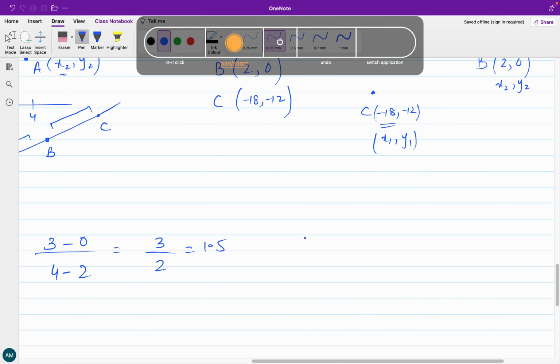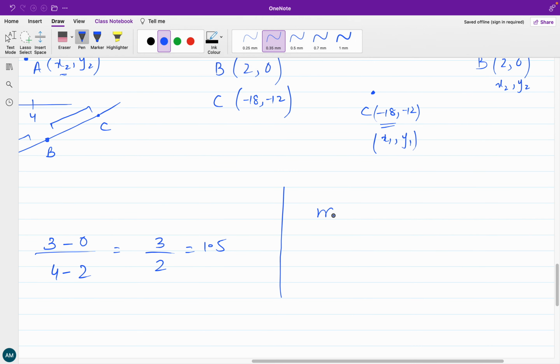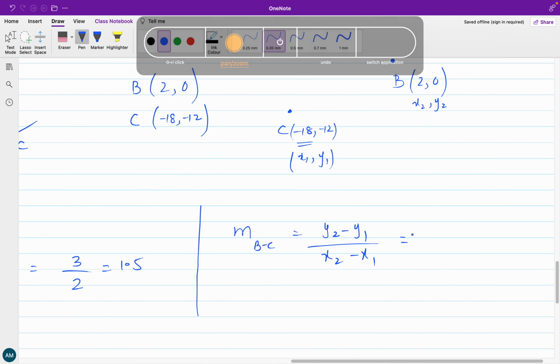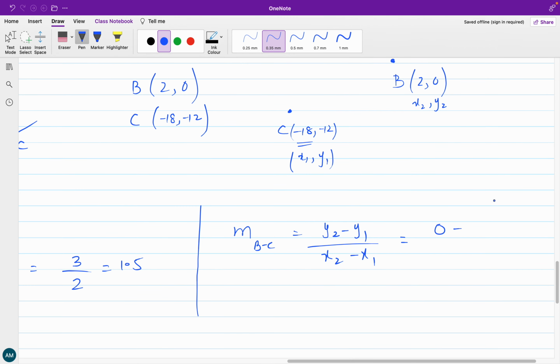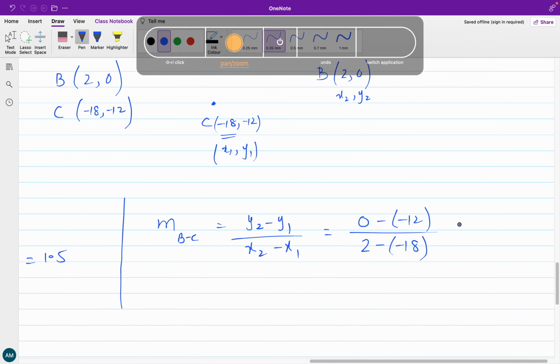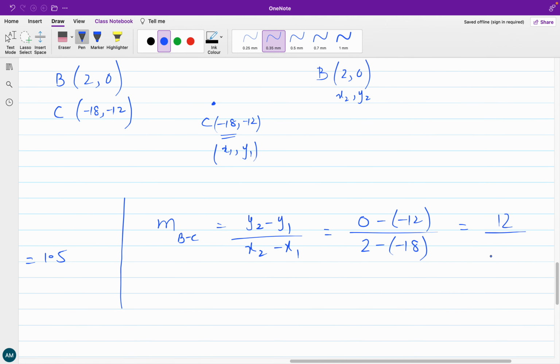Let's find the gradient from B to C, which is (y2 − y1) upon (x2 − x1). So y2 is 0 minus y1, which is negative 12, upon x2 minus x1. So we have positive 12 upon 2 plus 18, which is 20.